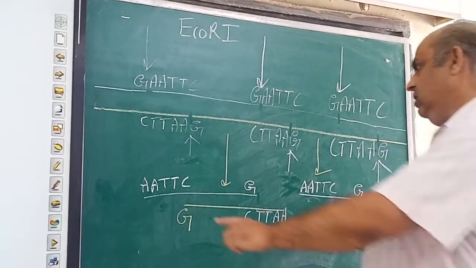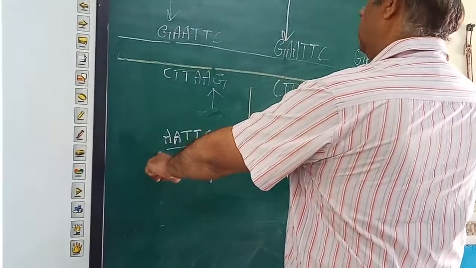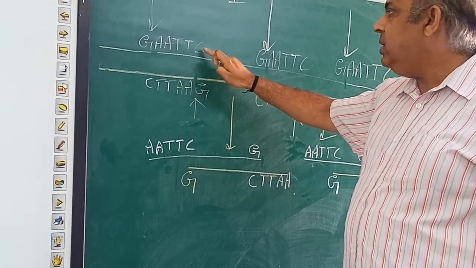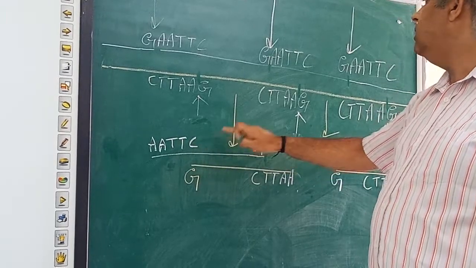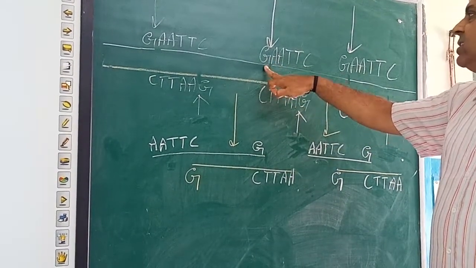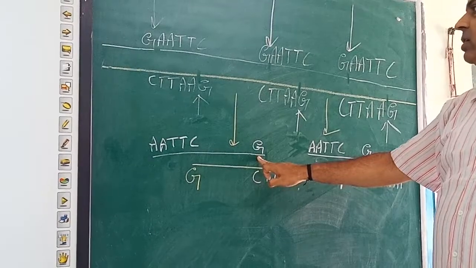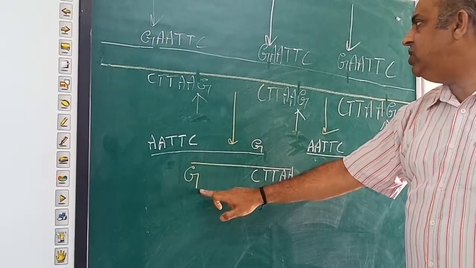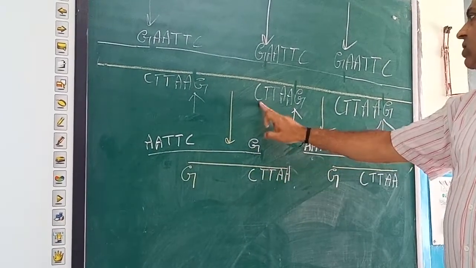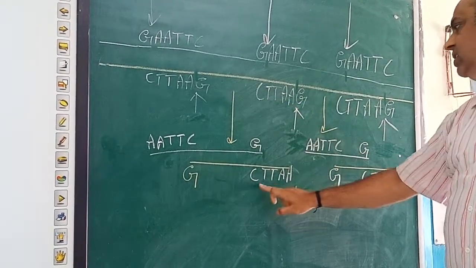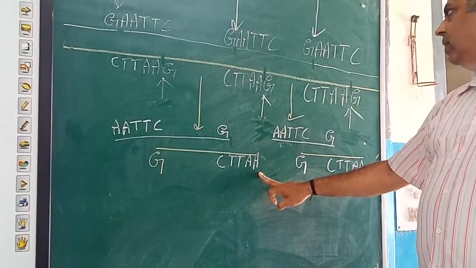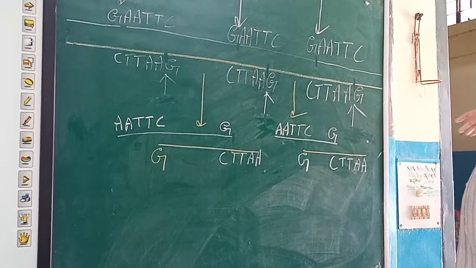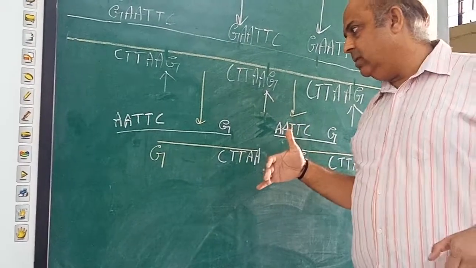We will get this segment because this segment will run from AATTC, and the last there will be G. Similarly, this strand of DNA will have G and CTTAA. This will be the next segment, and there will be the third segment and fourth segment, like this.